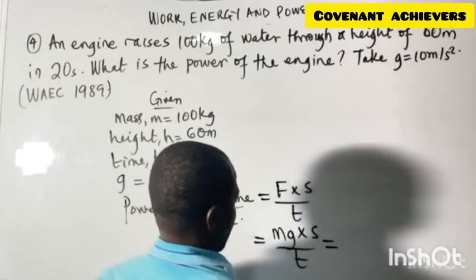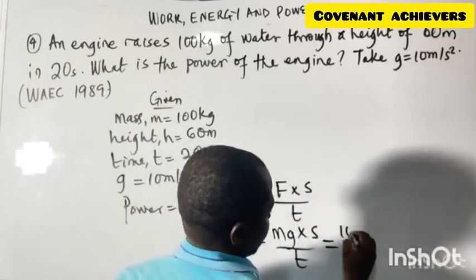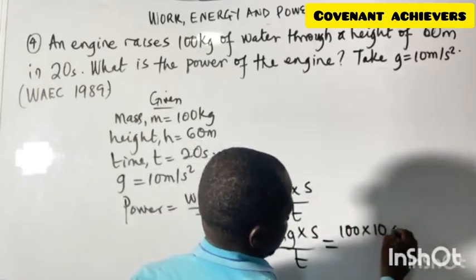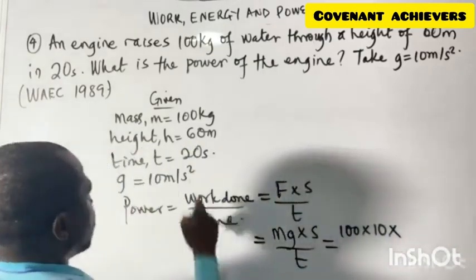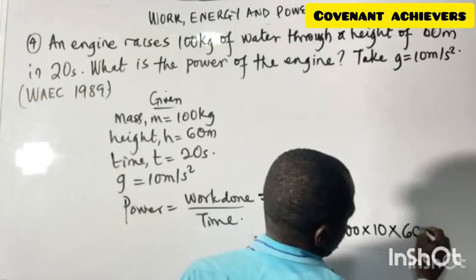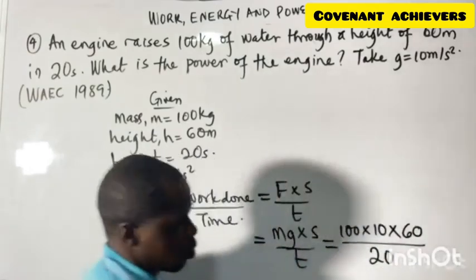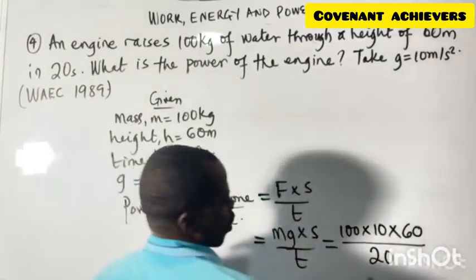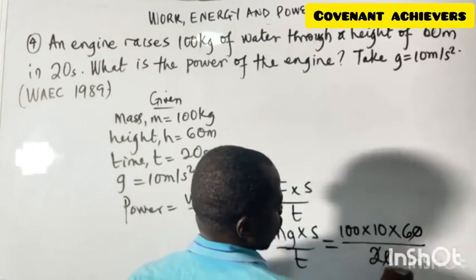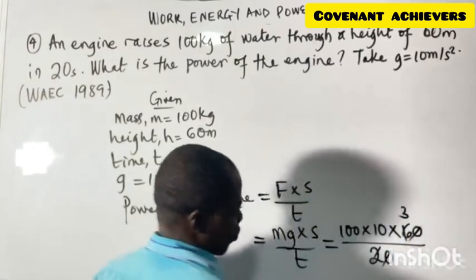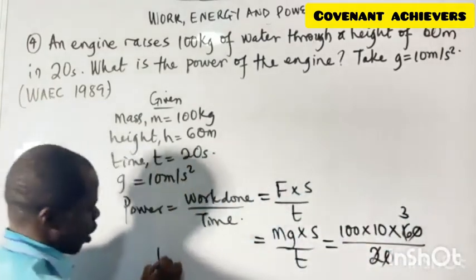We have mass 100 times 10, then times distance, 60 meters, divided by the time, which is 20 seconds. You can see 0 cancels 0, 2 goes into 20 once, 2 goes into 6 three times.